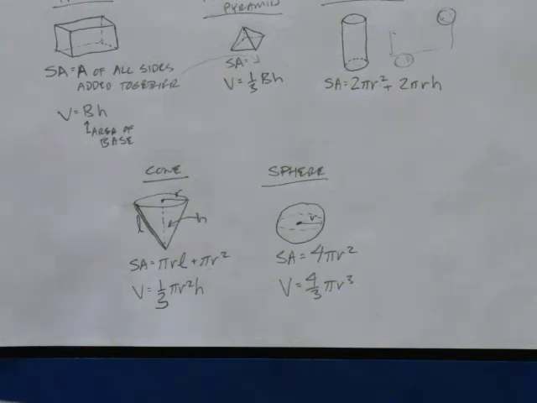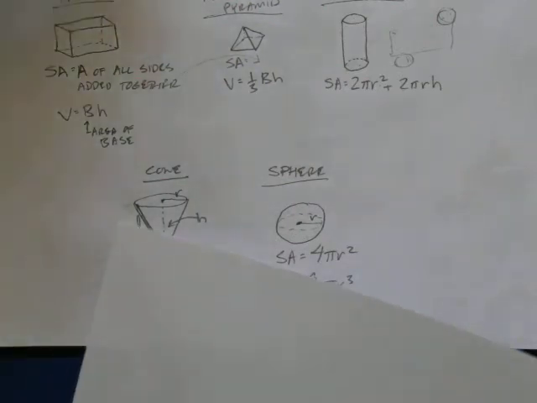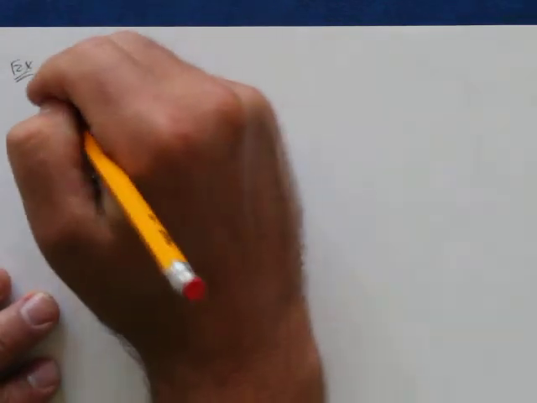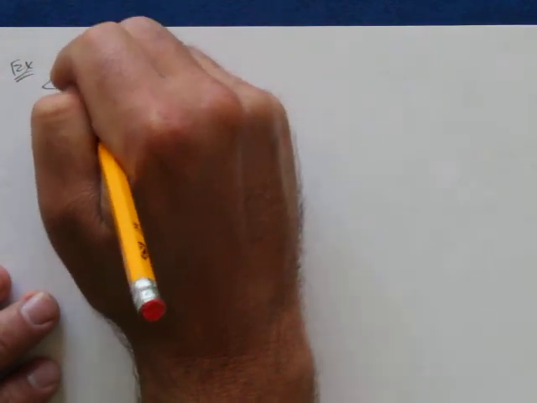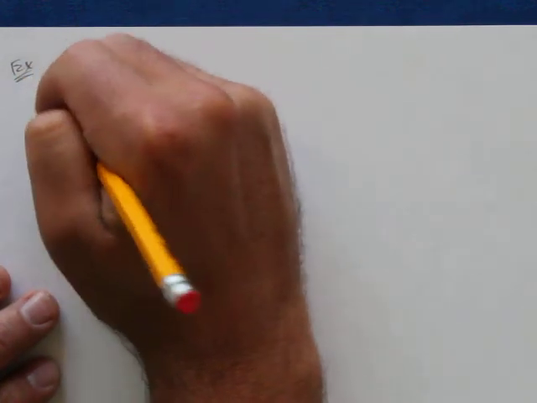So let's do one example. Let's find the surface area of a rectangular prism.